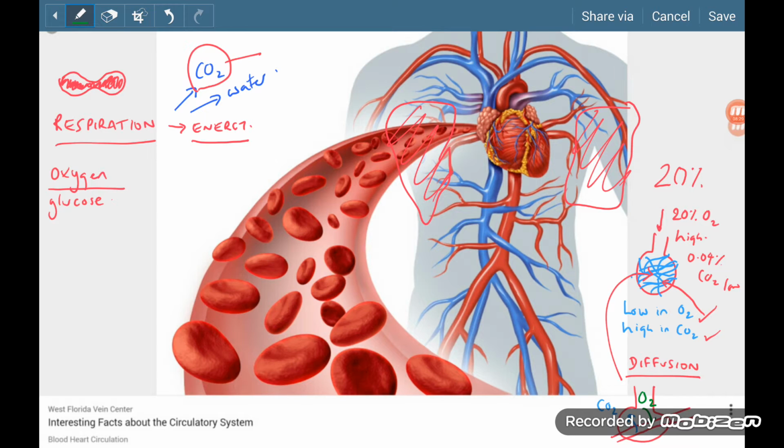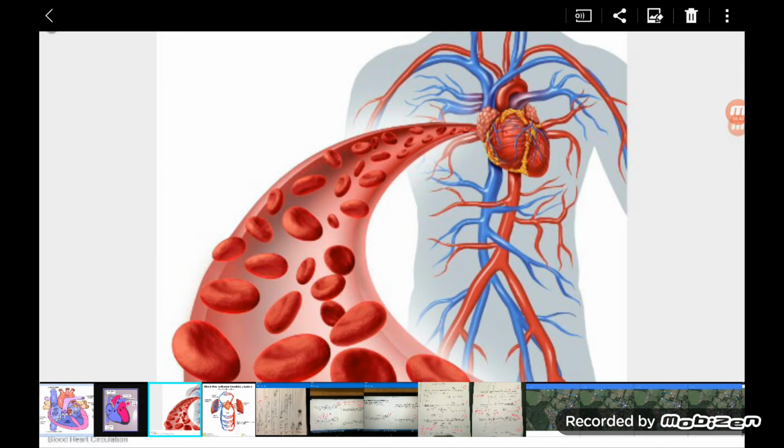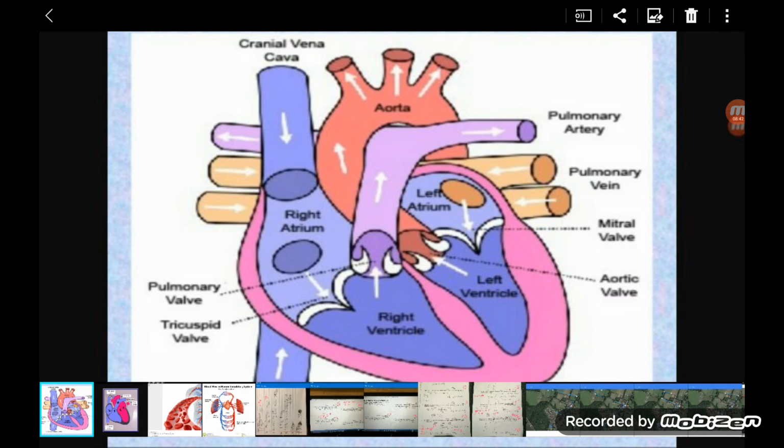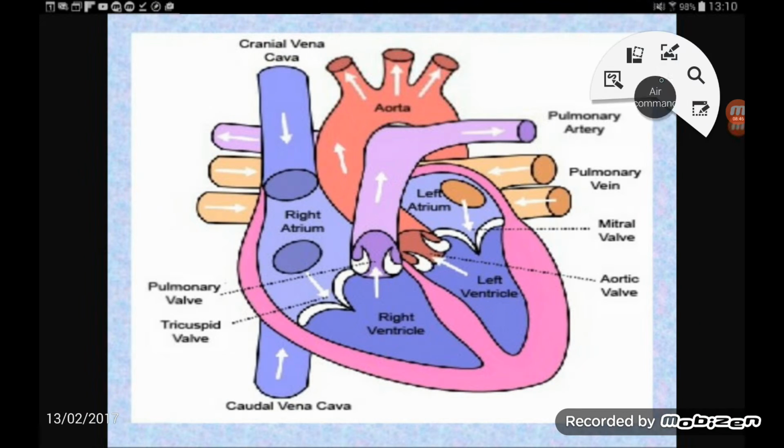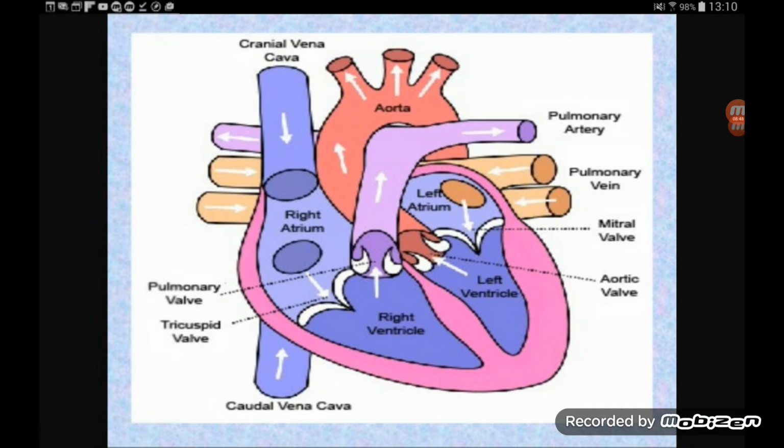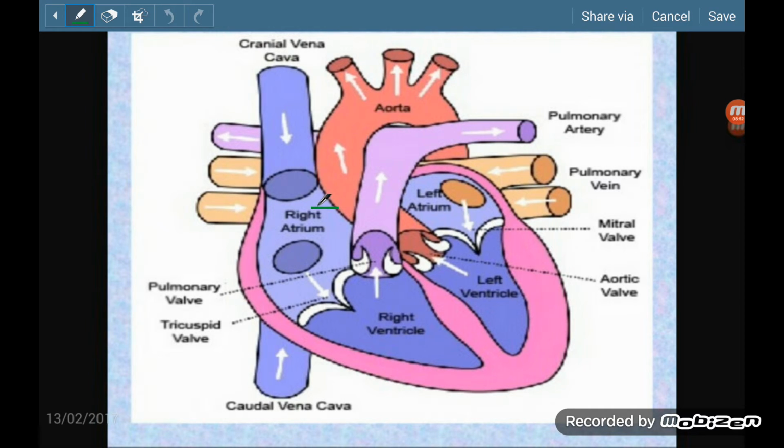But that blood now needs to be pumped to the organs, the tissues, the muscles. And so it makes its way to the heart. And now we can look at the heart in a little more detail. And we can see here that the heart consists of atriums and ventricles.